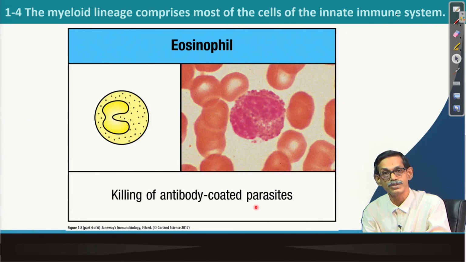Eosinophil, which is also present in blood, is responsible for killing parasites, and which kind of parasites? Those which are already coated by antibody. That means, after infection antibody will be generated that will coat the parasite, and if the parasite is coated with antibody, then it is killed by the eosinophil.